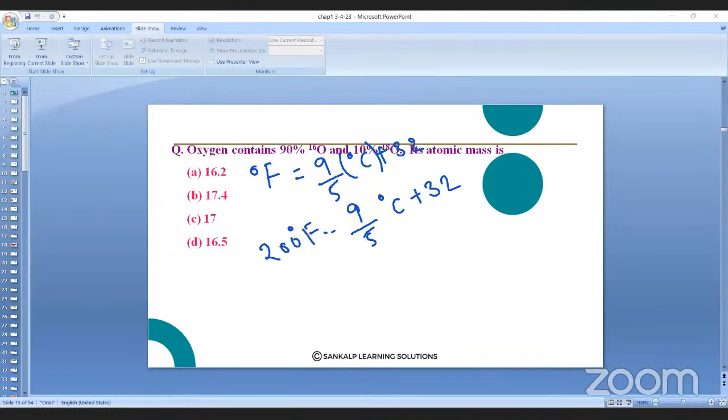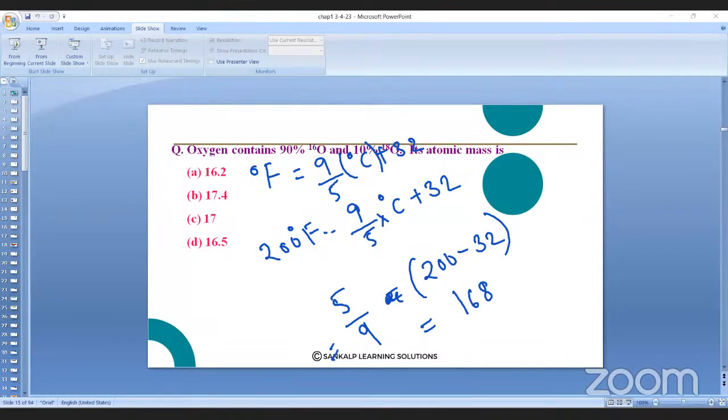Okay, so now what you're going to do is shift this. 200 this side, it will come as Fahrenheit. So 9/5 is multiplying, so it becomes 5 divided by 9. Then the 32 goes this side, so it becomes 200 minus 32, which comes to 168. Then 168 into 5/9.